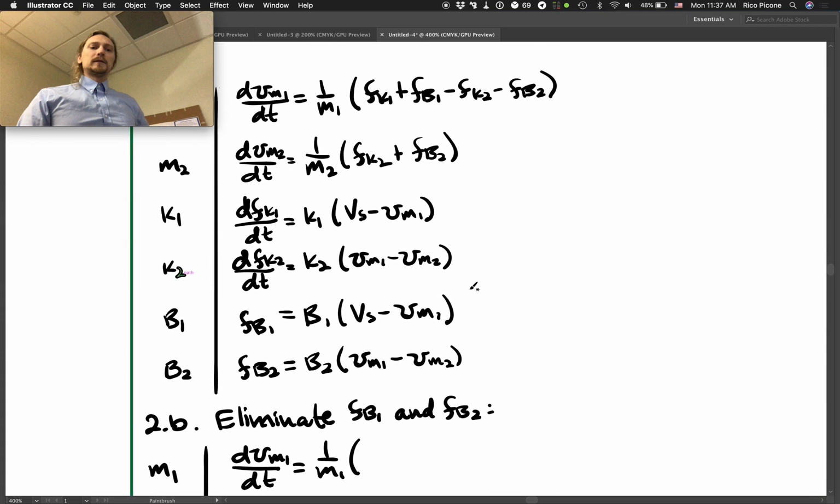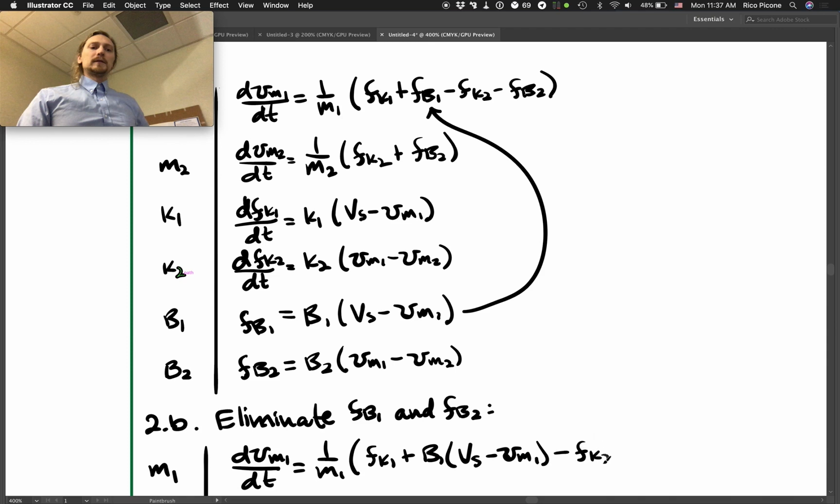Fk1 is already a state variable, so we can just copy it down, plus Fb1, not a state variable, so we're going to substitute Fb1 in from down there, and we've got plus B1 times Vs minus Vm1, minus Fk2, another state variable, minus Fb2, which we have an equation for down there.